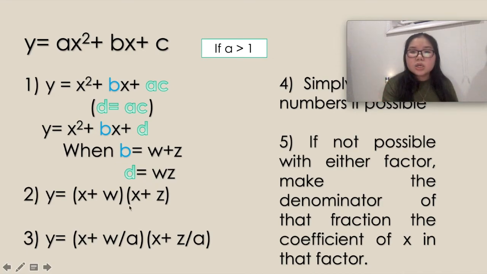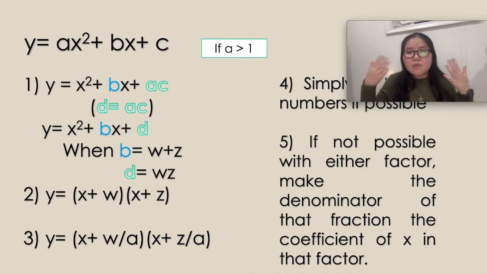Have a quick look at d: which numbers multiply together to create d? And which numbers add together to create b? Which two numbers fit b and d? You just put them in the equation in the second step and you will receive the equation rapidly. It's easy, right? I will give you an example in the exercise section.